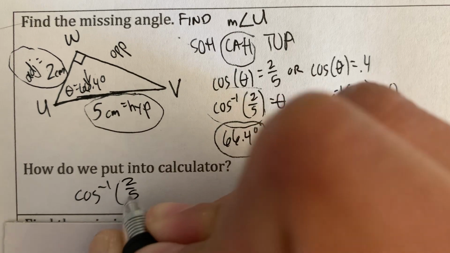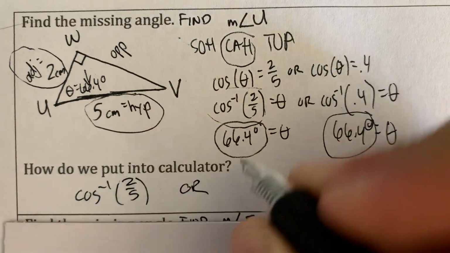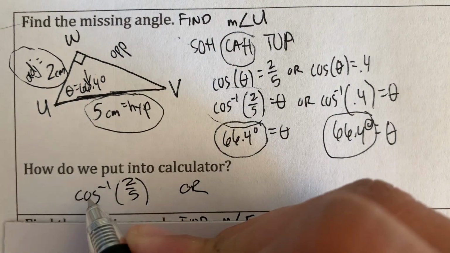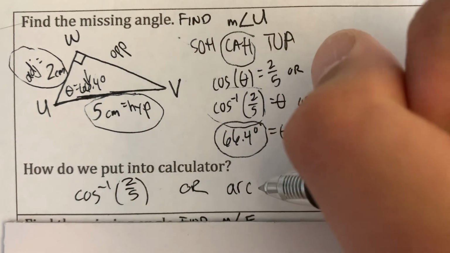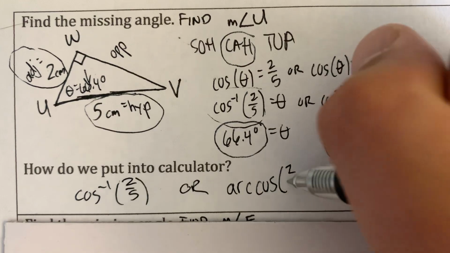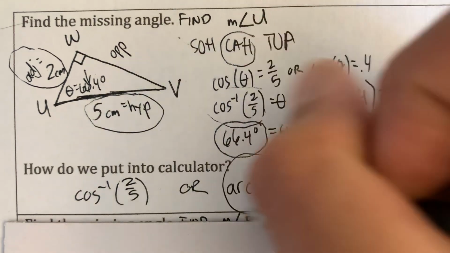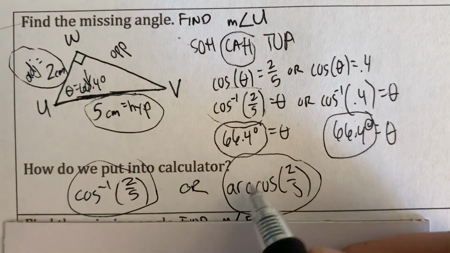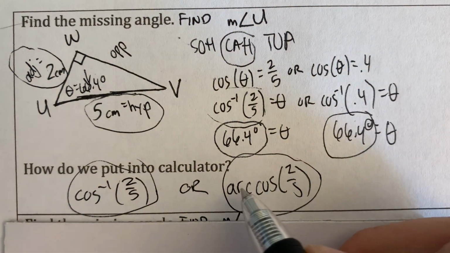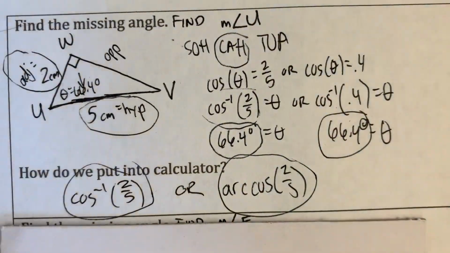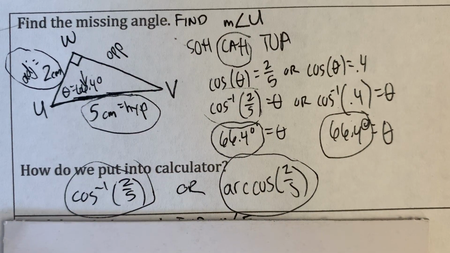So you can either put it in the calculator like this, or instead of cosine inverse, you can also use arccosine of 2 over 5. These mean the same exact thing. It's just another way to write the inverse of cosine. Like I said, I would make it INV cos, because then it makes more sense, but I don't make the rules.